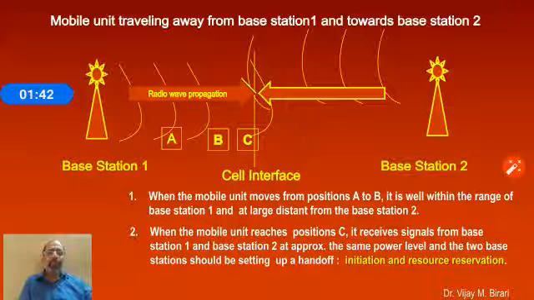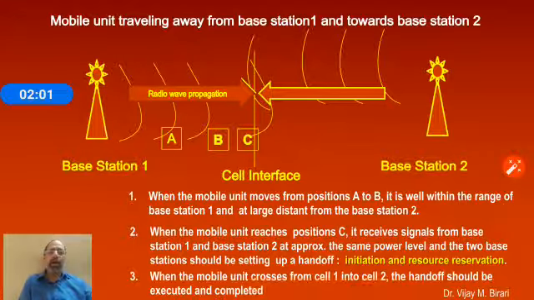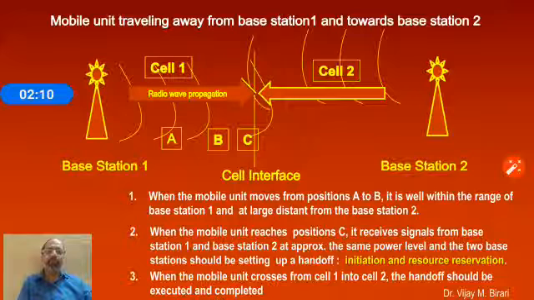When the mobile unit reaches position C, it receives the signal from both base stations with the same power, and the 2 base stations should set up the handoff, that is initiation and resource reservation. And when the mobile unit crosses from the cell 1 area to the cell 2 area, handoff should be executed and completed.